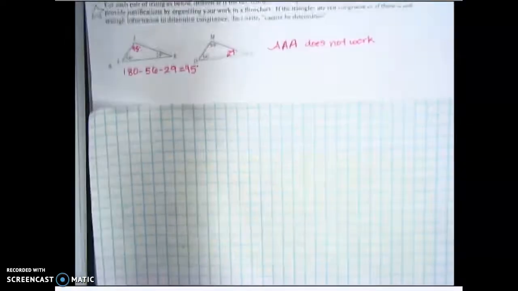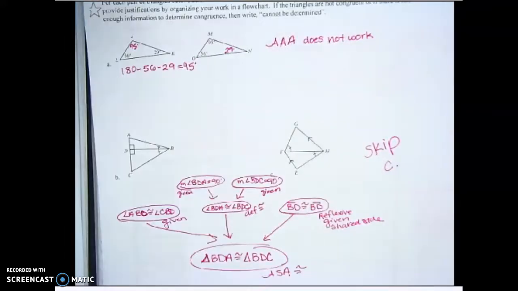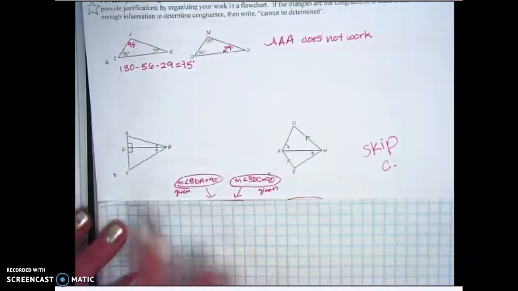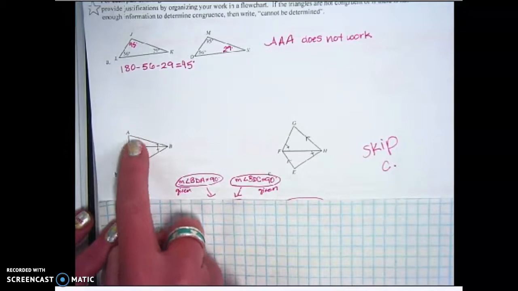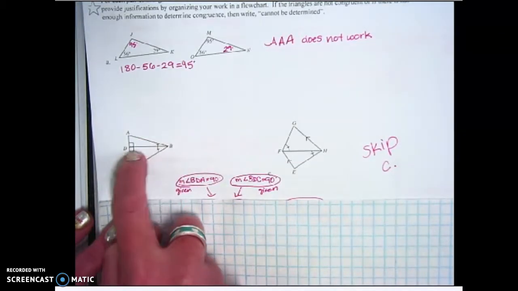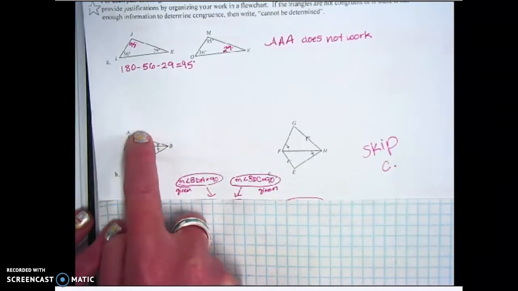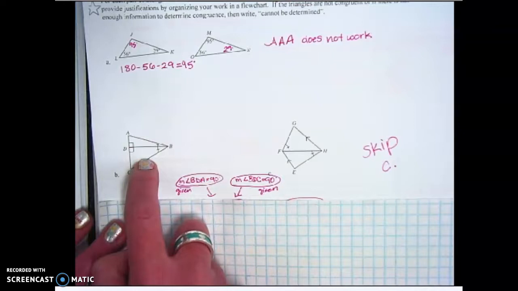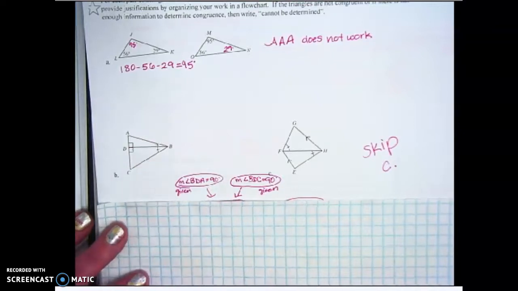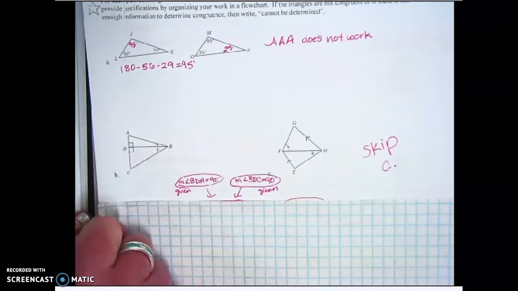Part B. So for part B, we're going to look at these two triangles right here. It looks like we have just one triangle, but because it has this shared side down the middle, there's actually a top triangle and a bottom triangle. So the first thing I'm going to look at is this little box. What does the little box mean? 90 degrees.